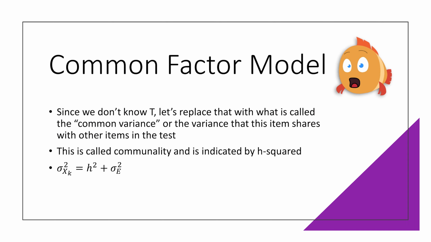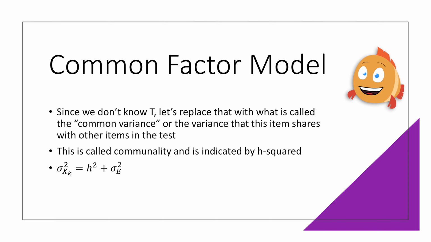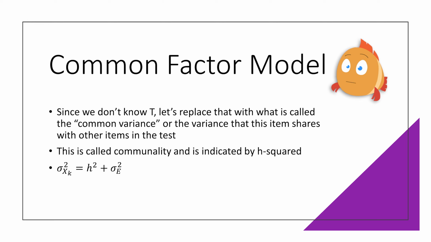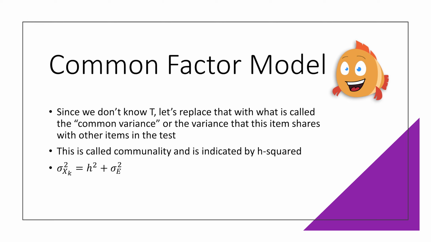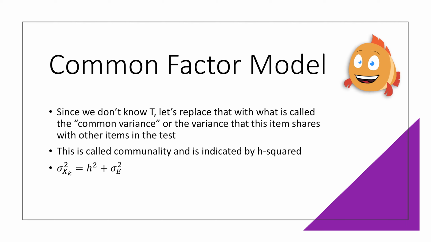Since we don't know T, we can replace it with something called common variance, or the variance that this item shares with every other item on the test. This is called communality and is often indicated as h squared, as I've illustrated here.